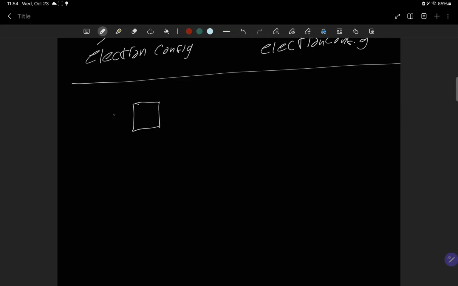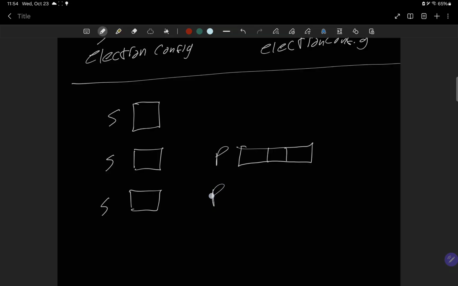Yeah. So S, P, that's 3. Then S, P, and D. D's gonna be, I'll squish it there. Why are there multiple S's again?